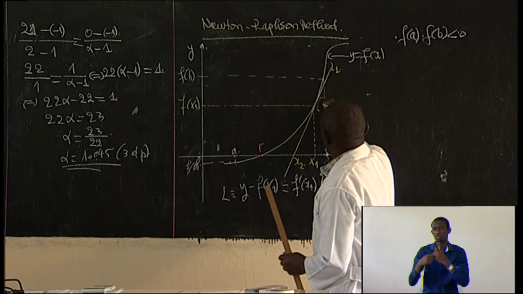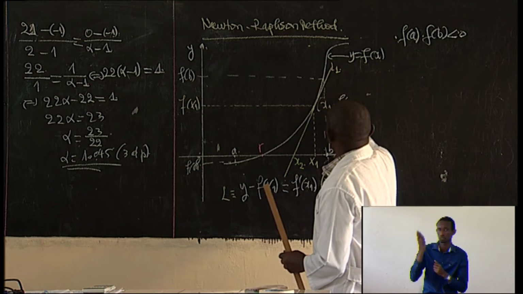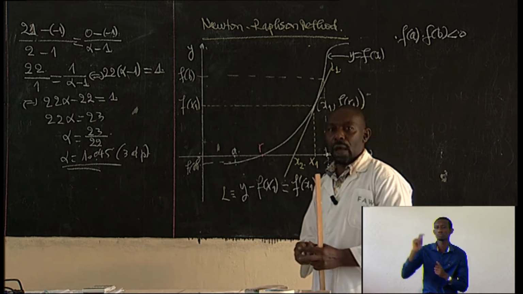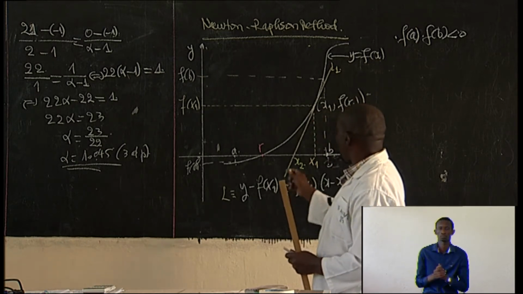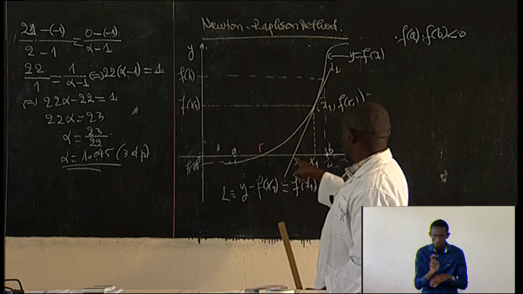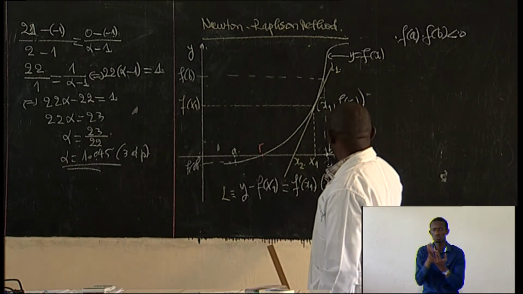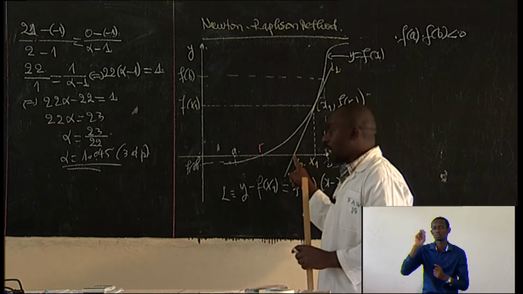Here the point is x1 and f of x1, the tangent at that point. Are we together?